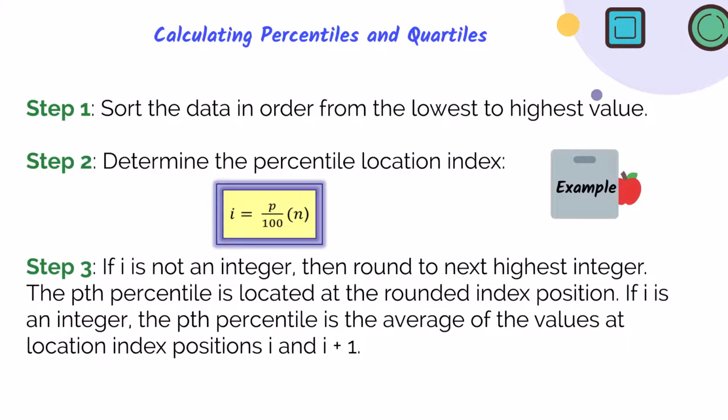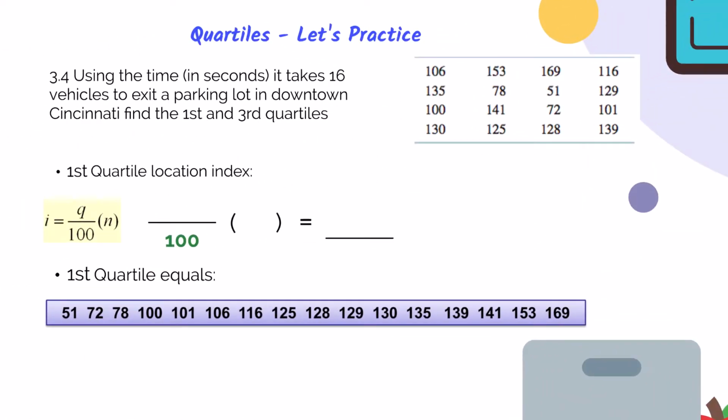So let's do an example. We'll use the same problem as before with the 16 cars in our parking lot. This time we're going to be looking for the first quartile. So the first quartile is the 25th percentile. So we'll plug in 25 for Q in the formula. Our N, or sample size, remains the 16 vehicles that we have in our data.